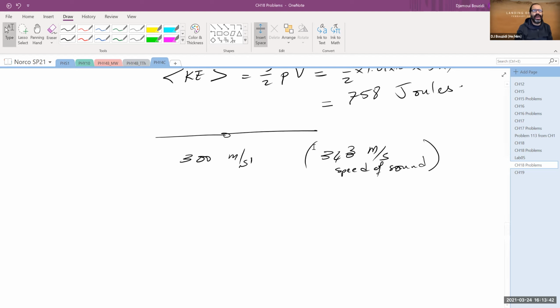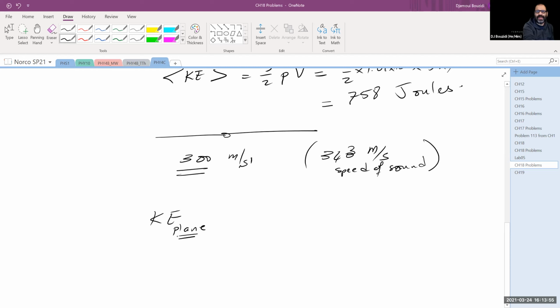What is its kinetic energy there? Well, we know the entire gas is now moving with the plane. So it's going to be 1/2 of its mass, not that of the plane, but of the gas on the plane, times the velocity squared.